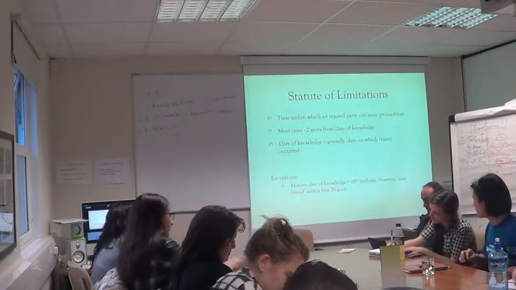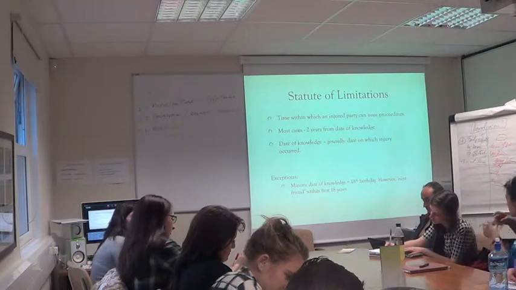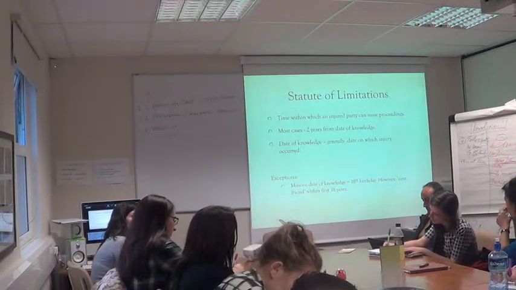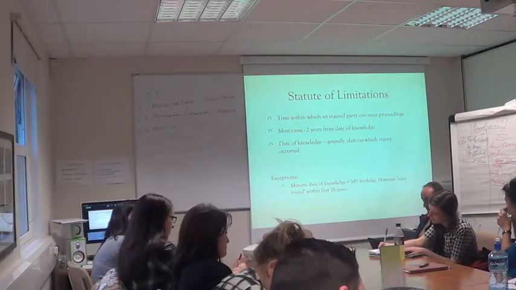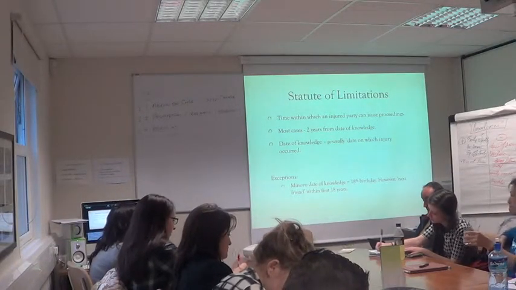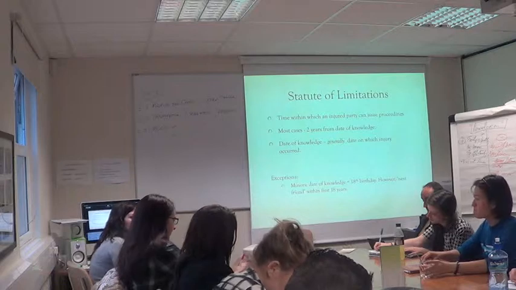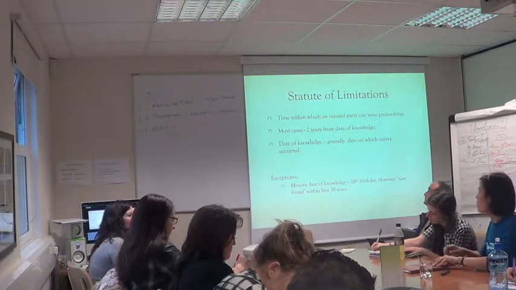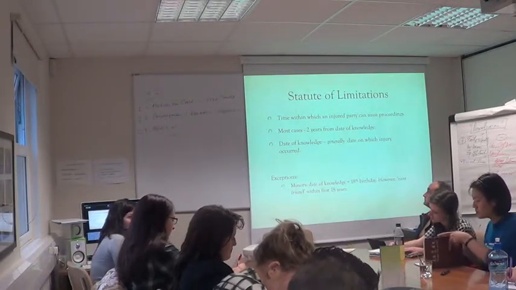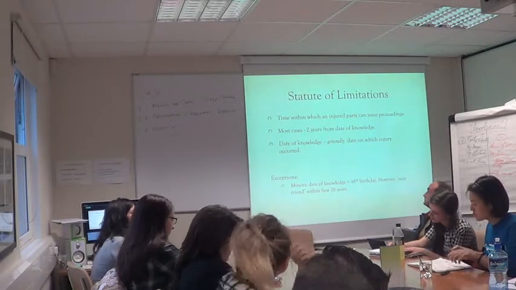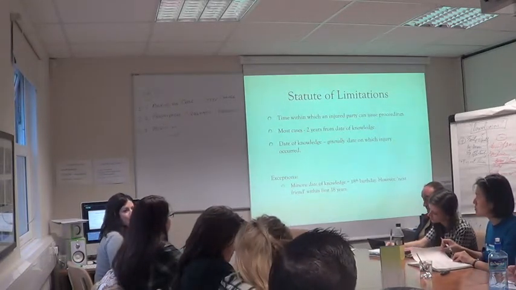Now, just to point out that this is generally deemed to be 2 years from the date at which the cause of action took place, okay? So the date of the accident. However, the date of knowledge might also be after the cause of action. This is often typical with medical negligence cases.